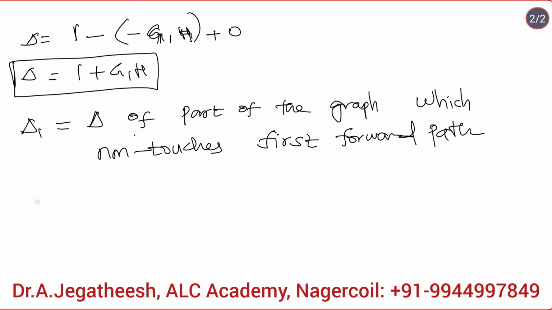So you should find delta for the graph which does not touch the first forward path.